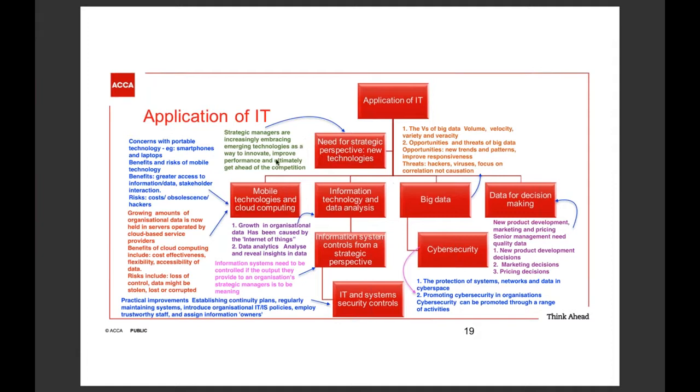So this is what it means by strategic managers are increasingly embracing emerging technologies as a way to innovate, improve performance, and ultimately get ahead of the competition. There are many providers for this webinar.